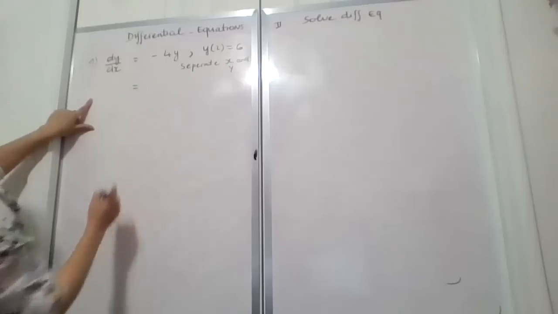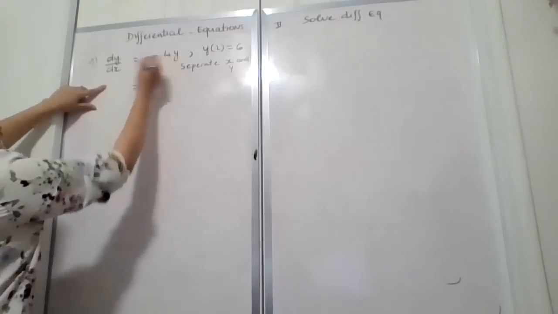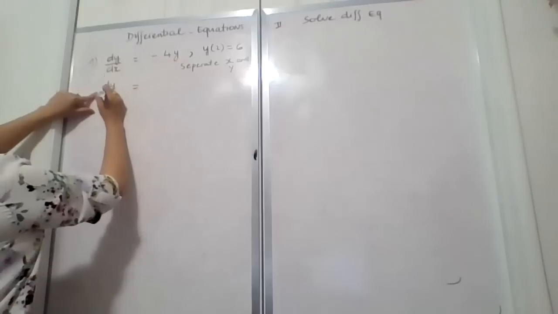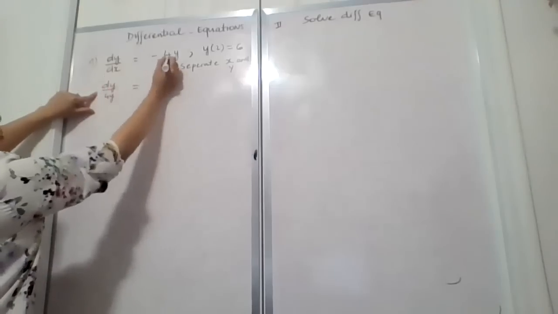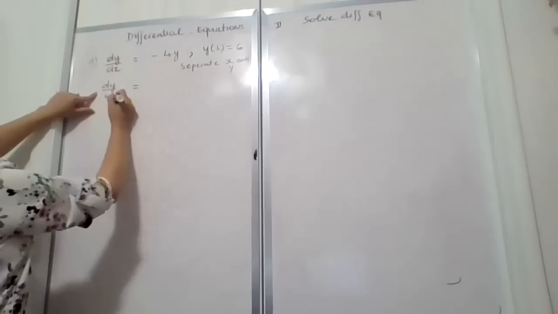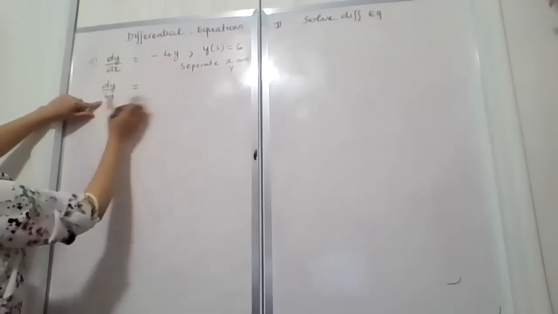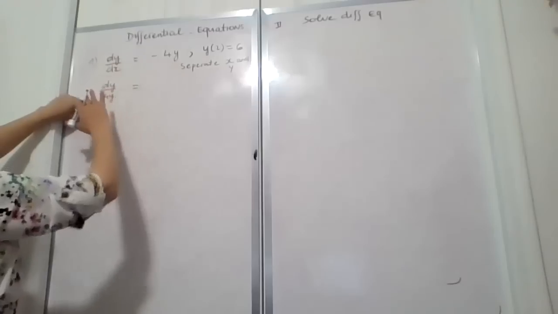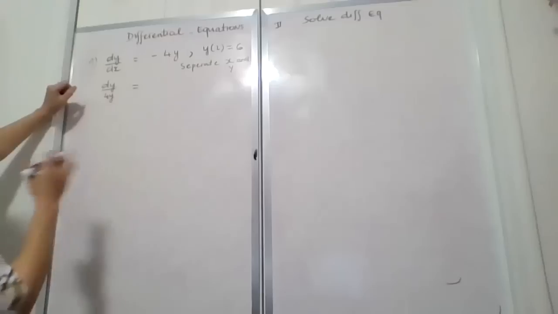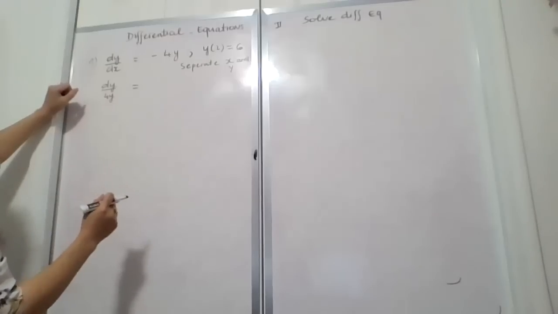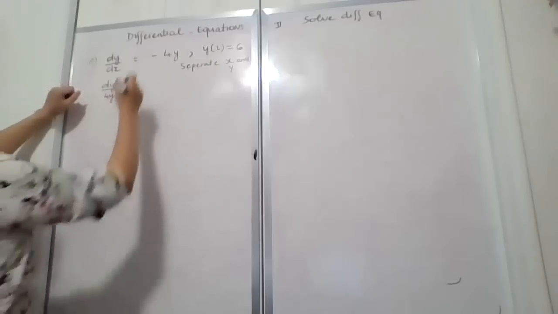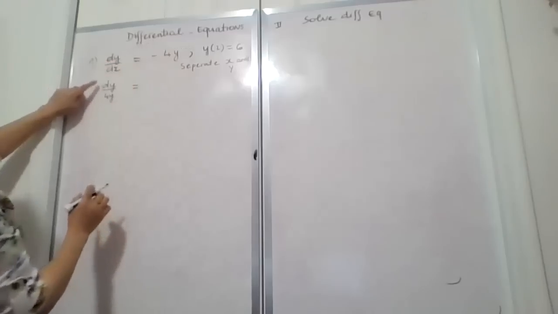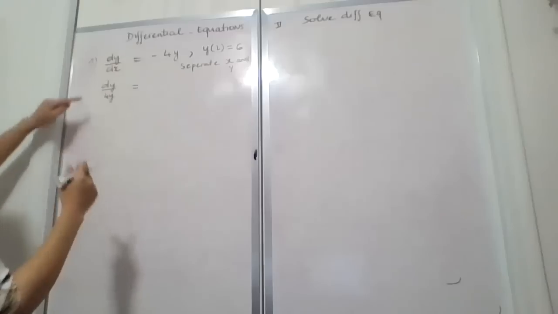We separate the variables. So I'm going to say dy divided by 4y. Now multiply, kick to the other side, becomes divide, right? We reverse the operation if we bring it to the other side, different from the original equation. So we want to bring this to the left. We have to reverse the operation.